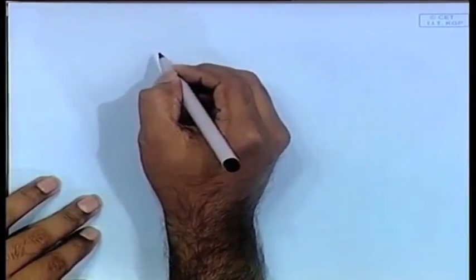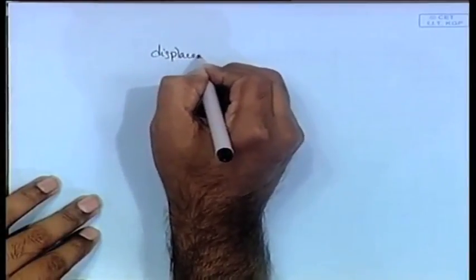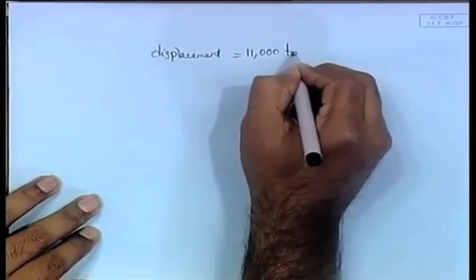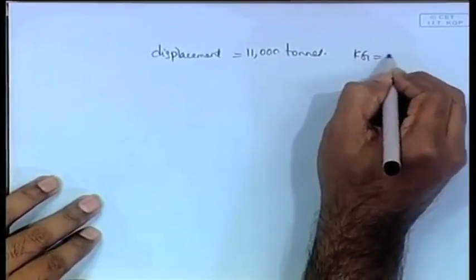I will read out the problem so that you understand. A vessel displacing 11,000 tons. The meaning of that, of course, is that the displacement of the vessel is 11,000 tons, and it has a kg of 8.7 meter.